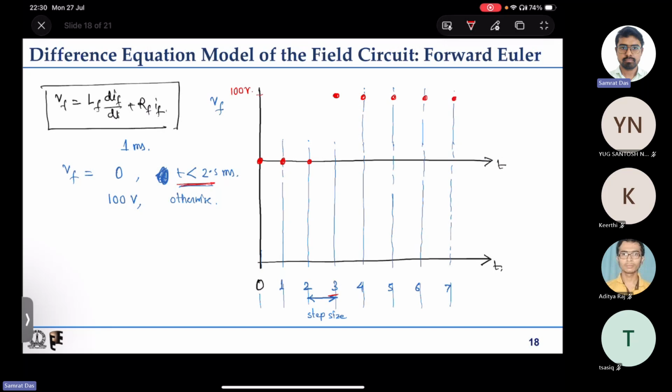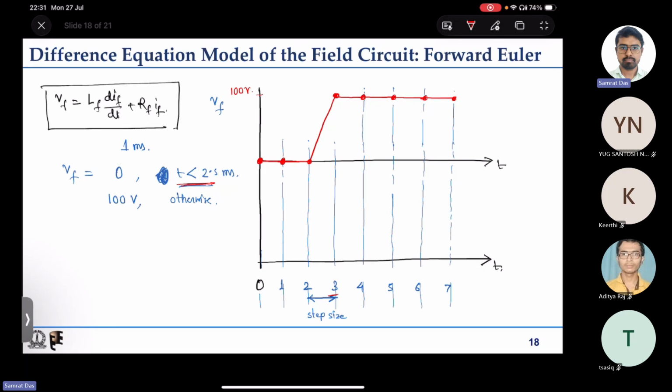In MATLAB Simulink, generally the solution is shown joined. All these discrete points are joined by straight lines, and that is why the plot appears like this. They join two subsequent points by a straight line.